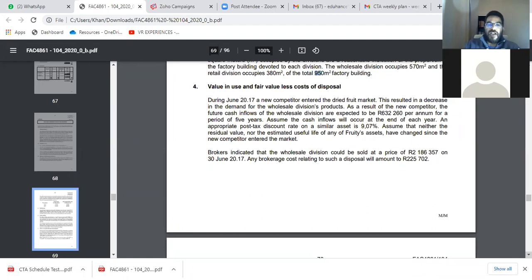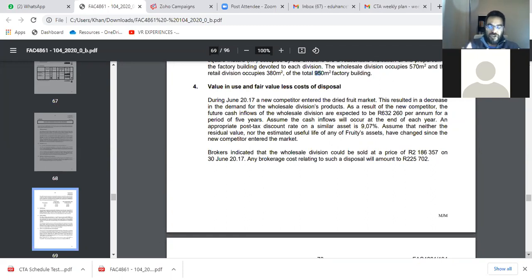When you calculate a value in use, your explicit period must be limited to 5 years. If you read IAS 36, there's a heading called value in use, and it's quite long, and they will tell you how to compute it. One of the sections is how to compute the value in use. So I'm going to give you a few of the critical principles.